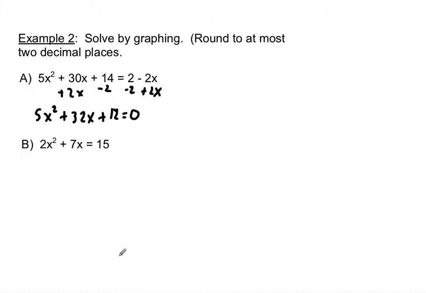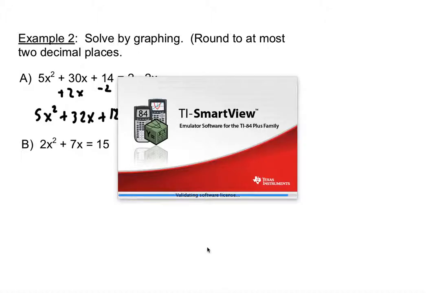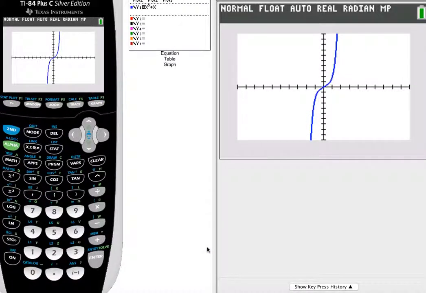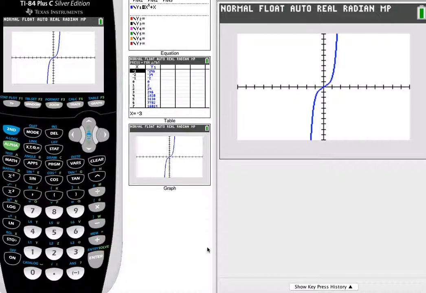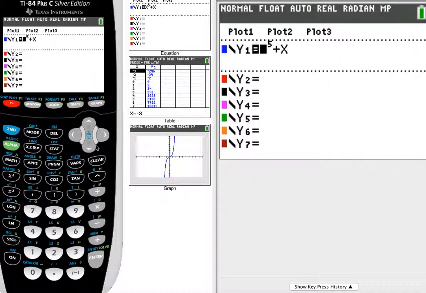So we're going to put that into our graphing calculator now. We are going to go to our y equals, and if you have anything in there, you're going to clear it out.